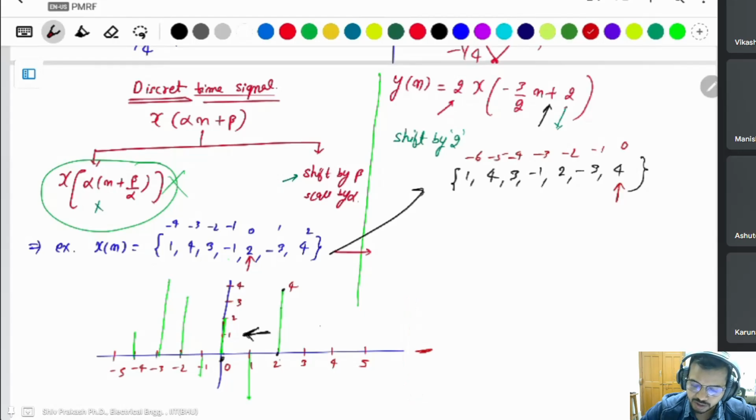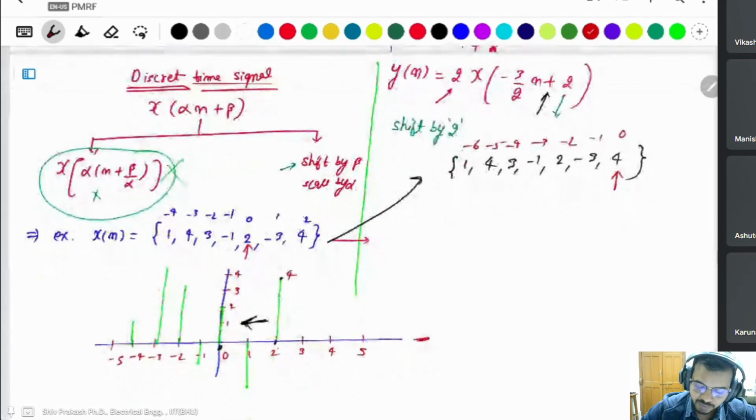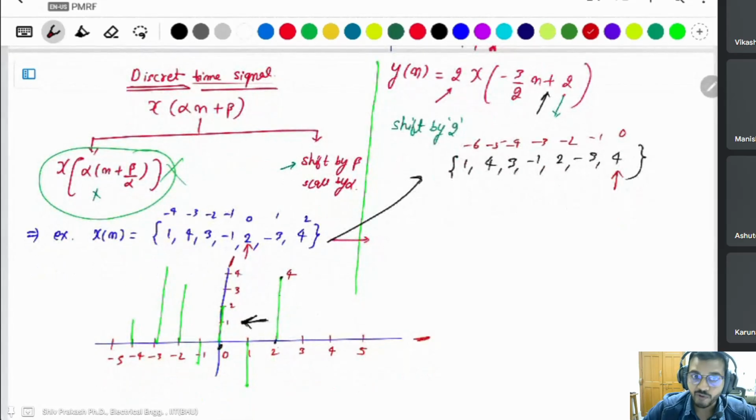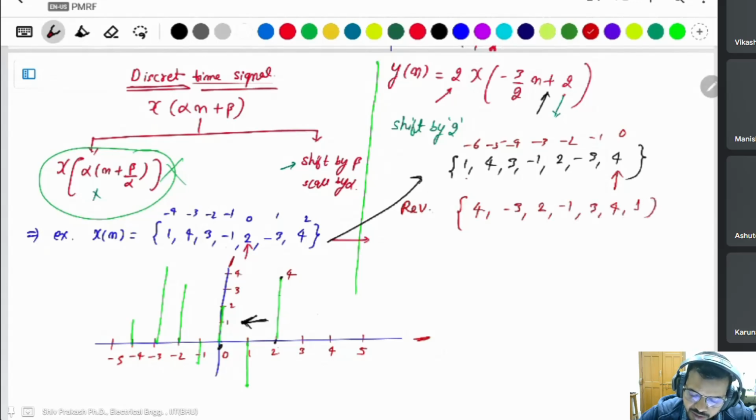Same thing if here is a negative, then the whole signal is the mirror image of the y-axis. Then for the first one, apply the reverse position. Then 4 will be here. This is a 4, this is minus 3, 2, minus 1, 3, 4 and 1, and this 0 is here.